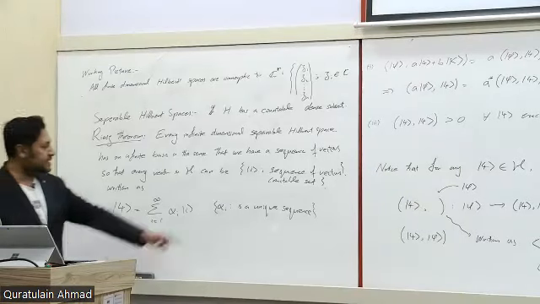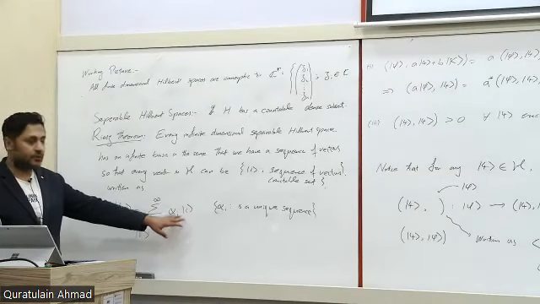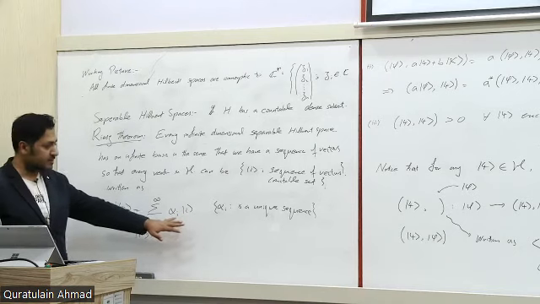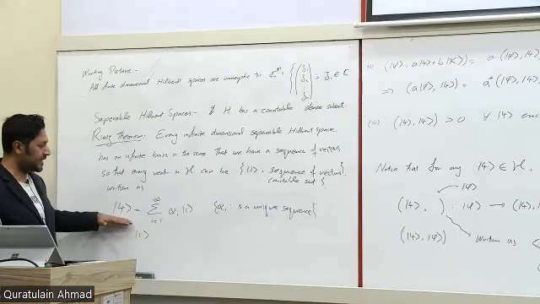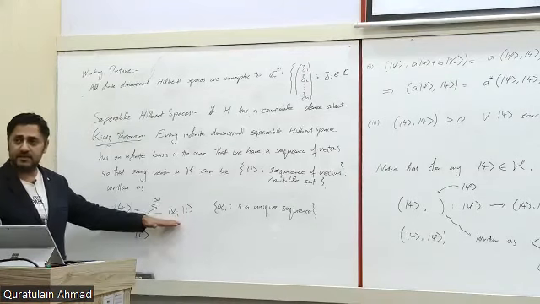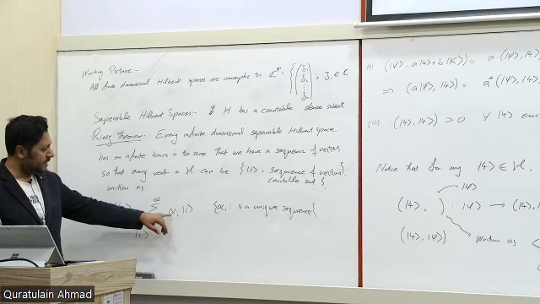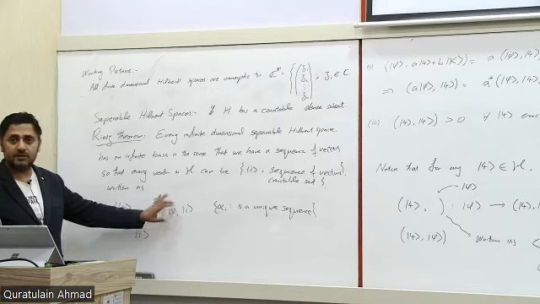So alpha i is a unique sequence. You have these kinds of bases. They are infinite sequences, but you are assured that if you pick any vector, you can write it as a linear combination, an infinite sum, and these numbers are unique.